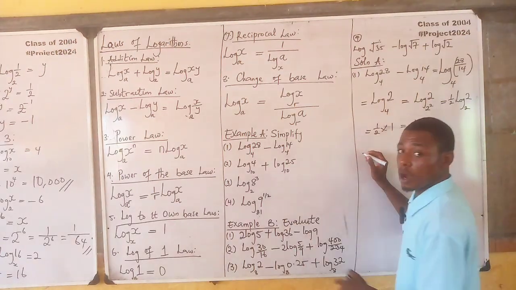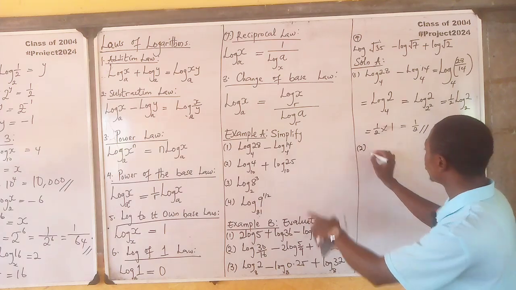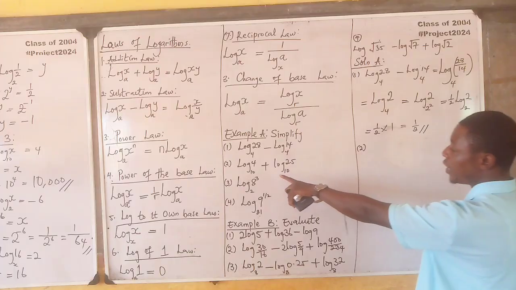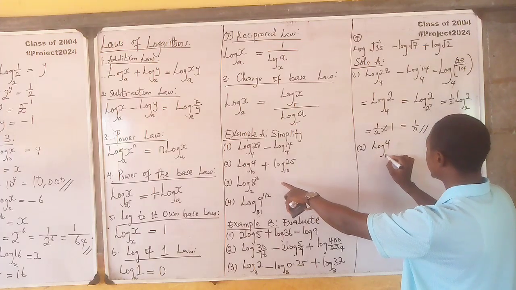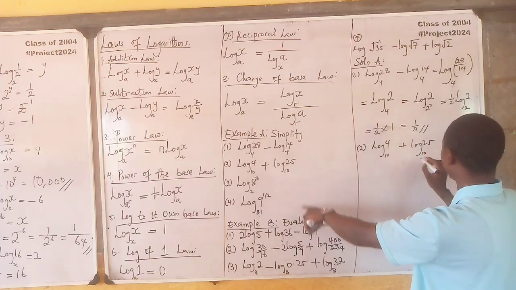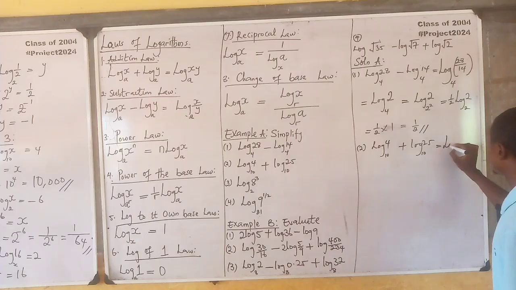Then the next one, very fast, is going to be question number 2. What is question number 2? Question number 2 says we should simplify log of 4 to base 10 plus log of 25 to base 10. Now, this is plus, so we are going to make it a single log in base 10.